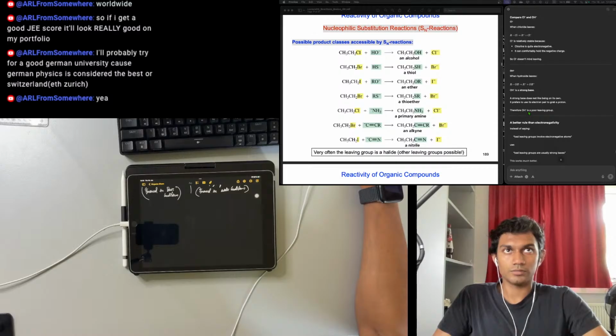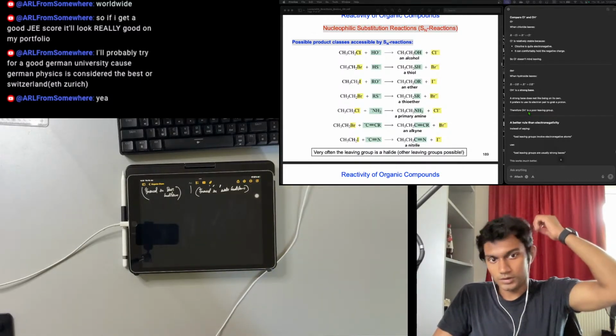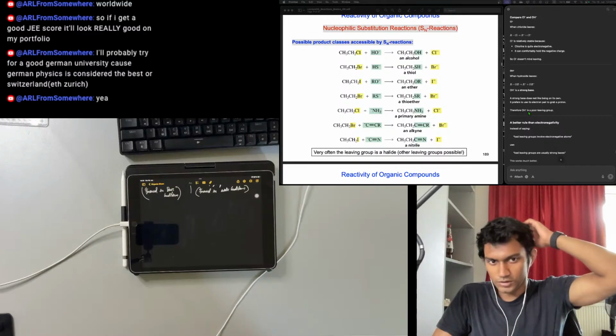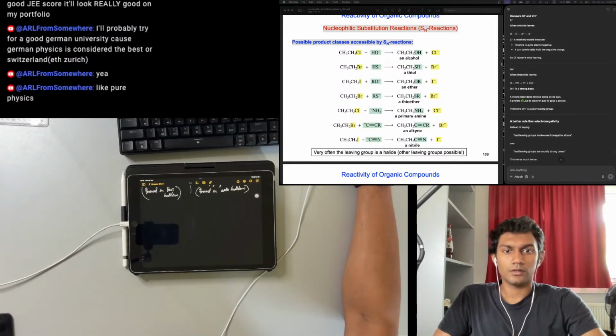Therefore, OH. So, theoretical physics. What is it used for? Is it like designing cars, aircraft type stuff? Like pure physics.